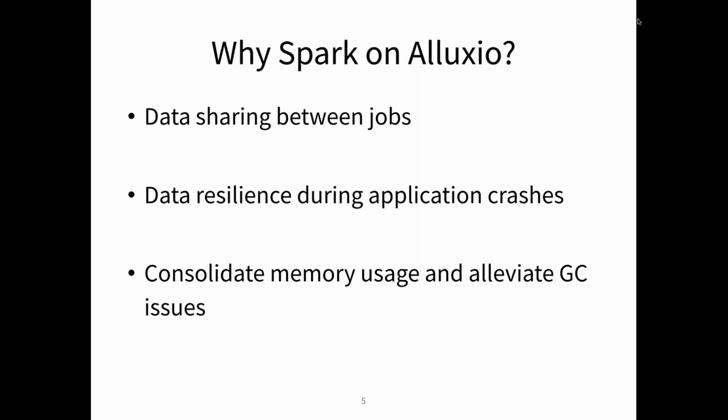That means you want to really reduce the GC pressure on your processes, and Alluxio can help to consolidate memory usage. Actually, what we'll show today, in a demo, is how Alluxio can offload the memory pressure from Spark by storing data in memory in Alluxio space.